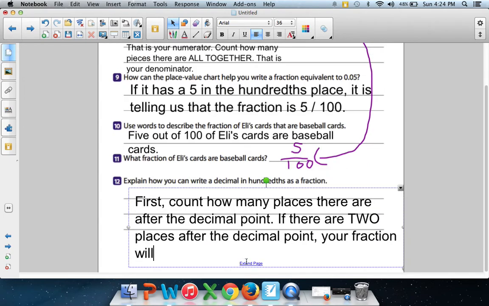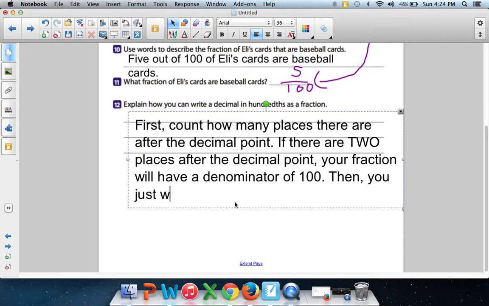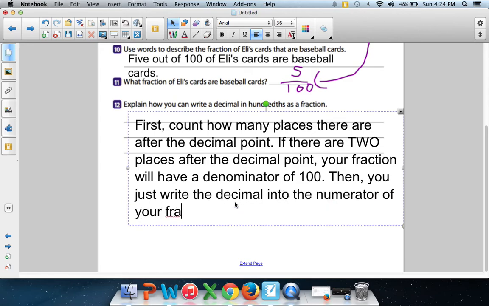Where is it? Oh, there we go. Let me extend the page! Your fraction will have a denominator of 100. Then you just write the decimal into the numerator of your fraction.